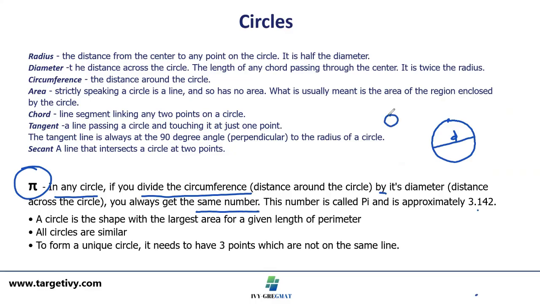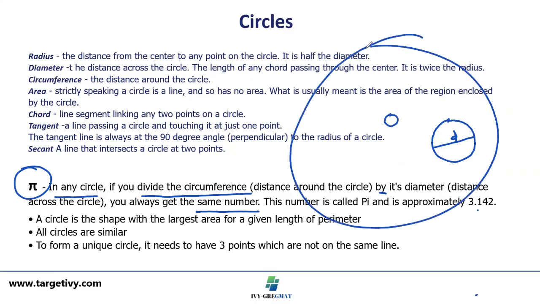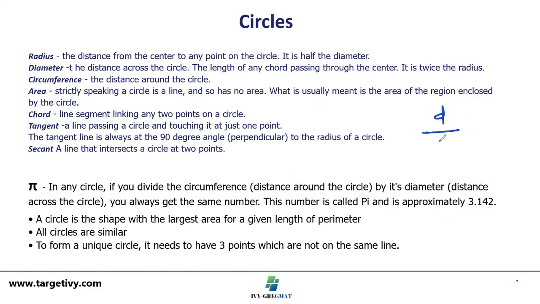If the circle is this small or this big, this ratio of circumference by the diameter is the same. This number is called pi, and it is approximately 22/7, which is equal to 3.14.